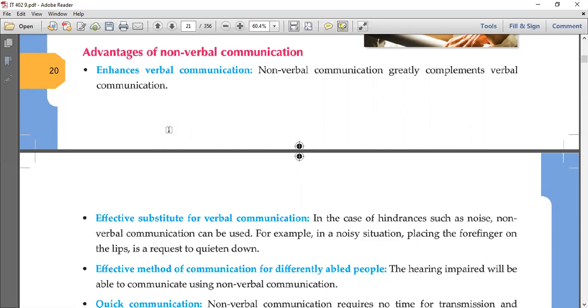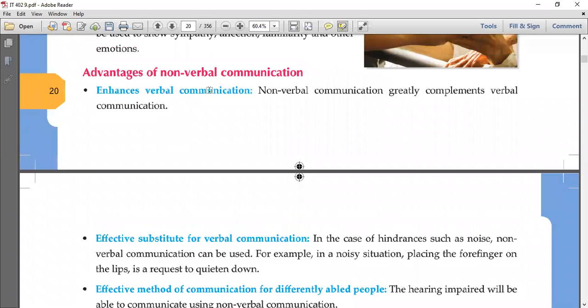See, non-verbal, as I told earlier, is where there's no word involved, right? Only with the help of certain gestures, your hand movement or body language, you can explain certain things to somebody, right? So what are its advantages? It enhances the verbal communication.